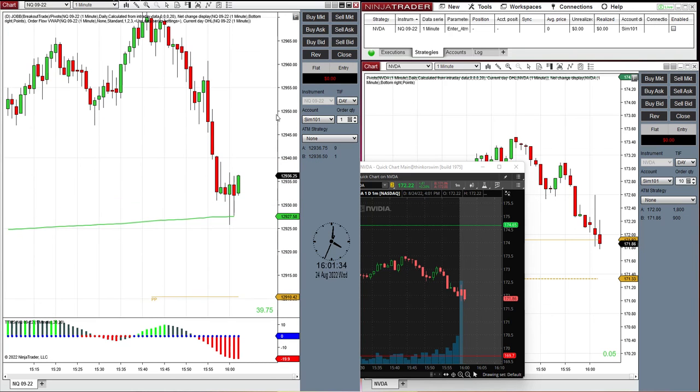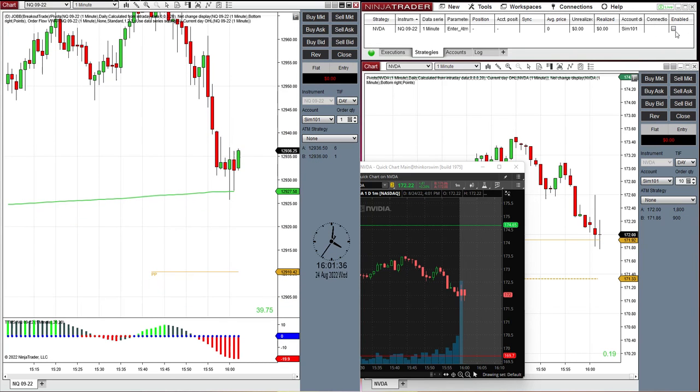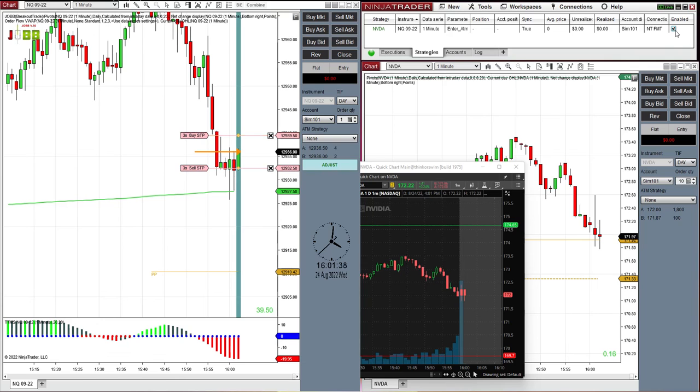Now I want my brackets pretty wide so I can adjust them. The idea is that while I'm waiting, I'll probably put my orders on a minute before 1620. And I can move the orders around like so, or I can click the adjust button. I can do both.